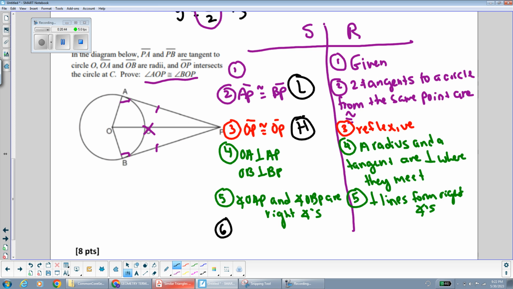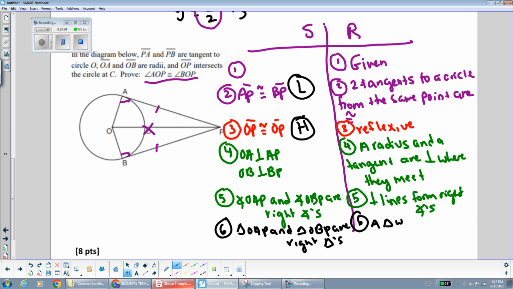All I need is to say that they're right triangles before I can use HL. So I'm going to say triangle OAP and triangle OBP are right triangles.